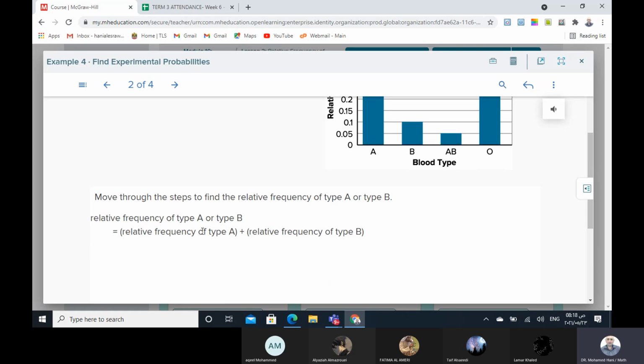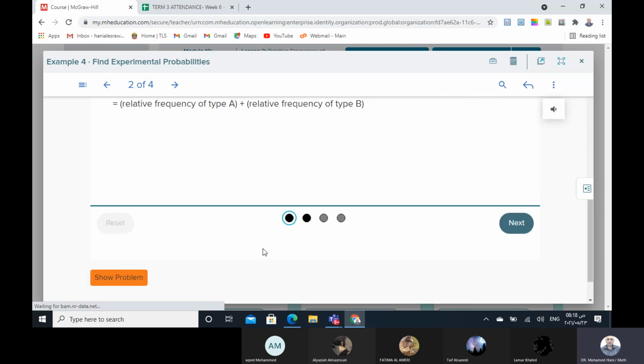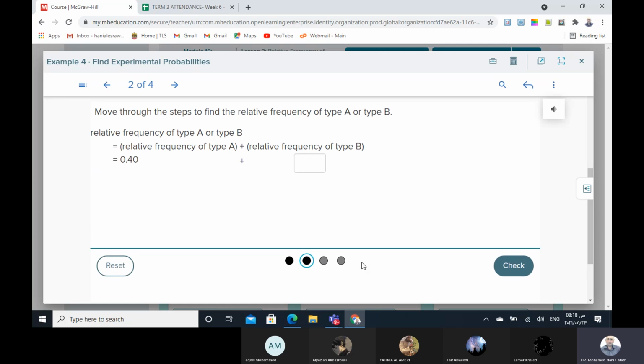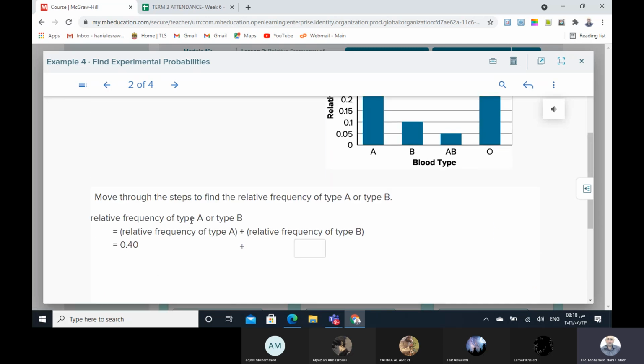So relative frequency of type A or type B equals relative frequency of type A plus relative frequency of type B. For A 0.4, for B 0.1.